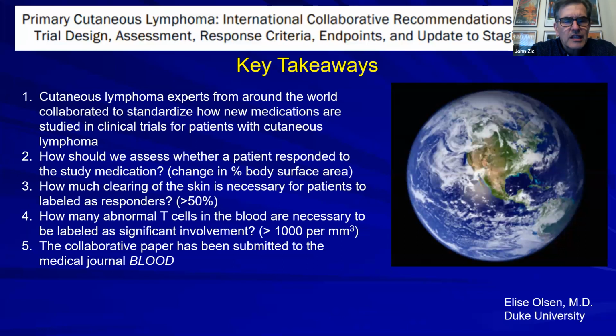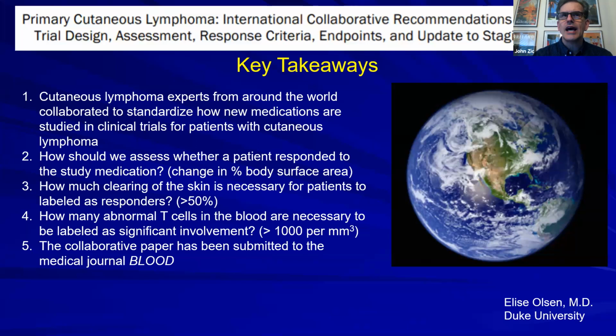And in the general consensus, not only among this group, but within oncology, most oncologists, dermatologists, and hematologists have 50% clearing of the cancer as usually the measurement necessary to label a patient as responding to that study medication.